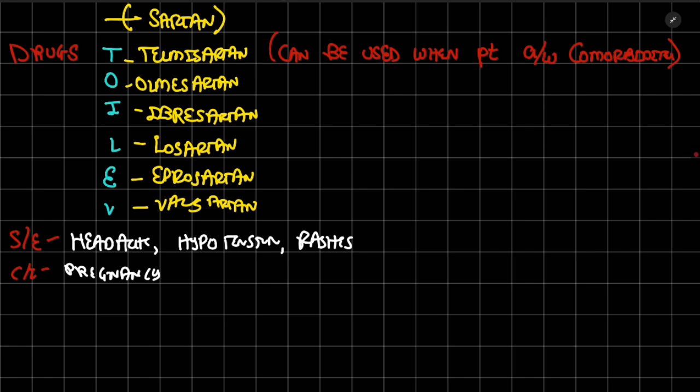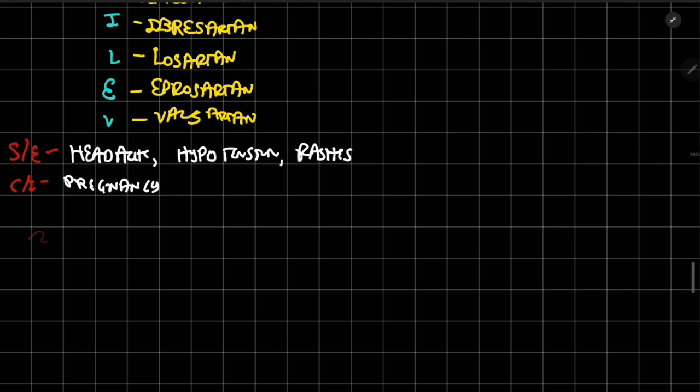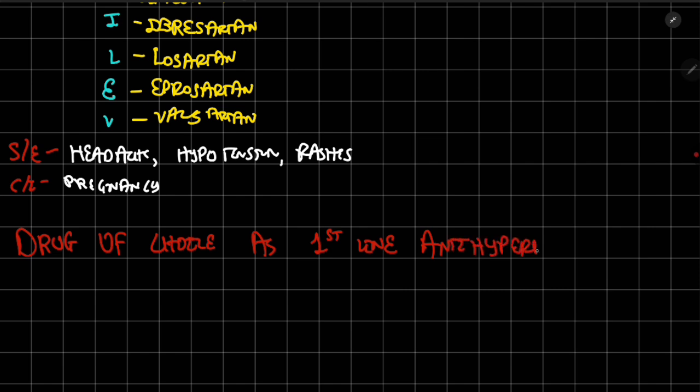The metabolism of bradykinin is not affected in case of ARB blockers, and therefore we do not see dry cough. So therefore these sartan drugs have become the drug of choice as first line anti-hypertensives.